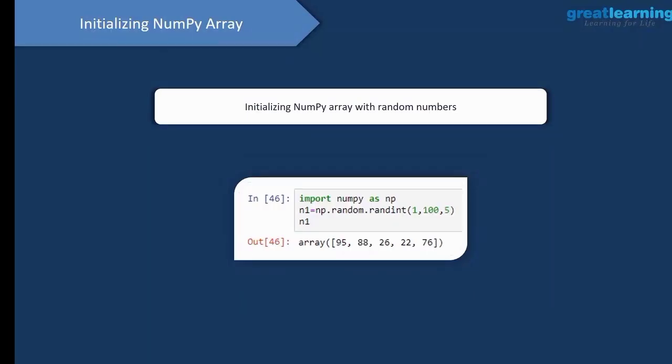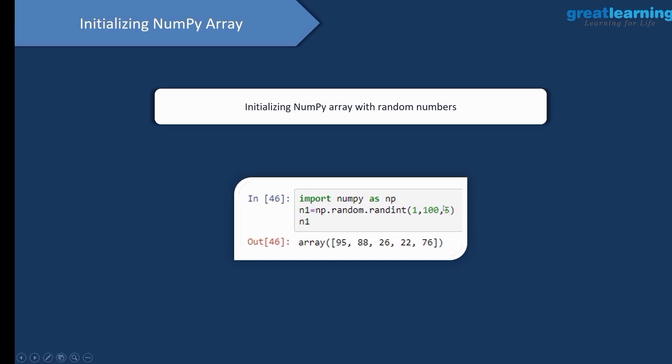Now we'll see how to initialize a NumPy array with random numbers. So we have this random method, and inside this random method, we've got the sub method, which is randint. So we have random integer values. First you will give in the range over here, so 1 to 100. Within 1 to 100, you are extracting 5 random numbers, right?